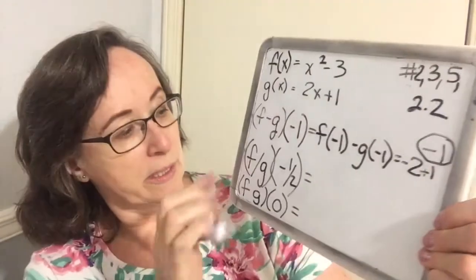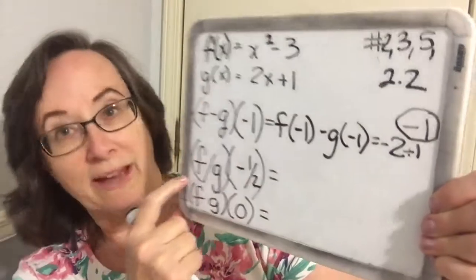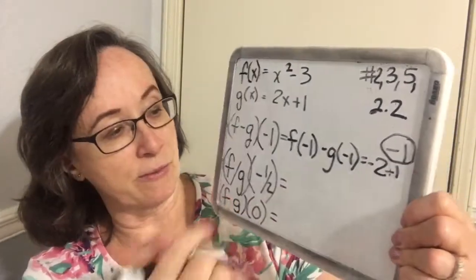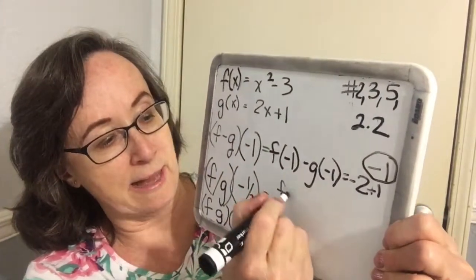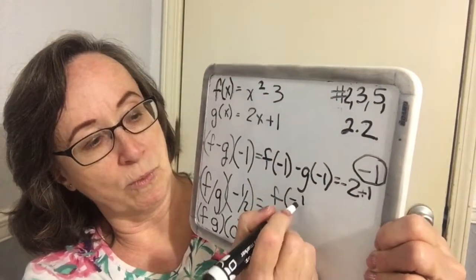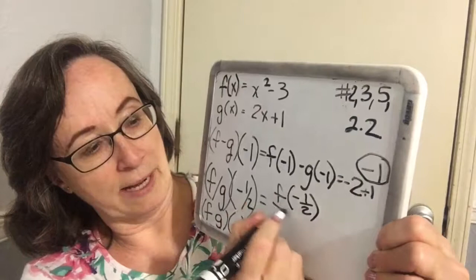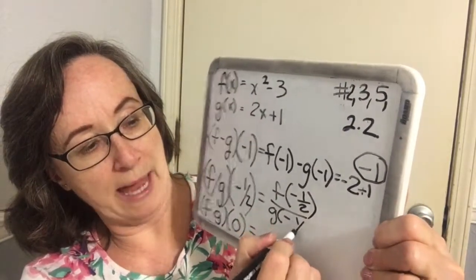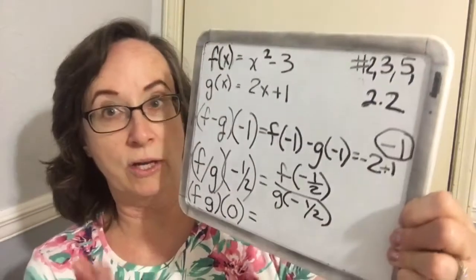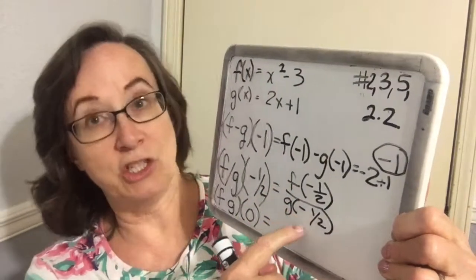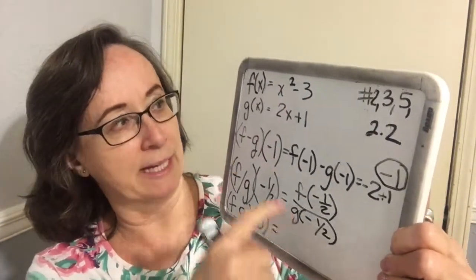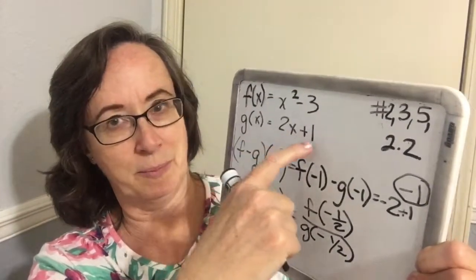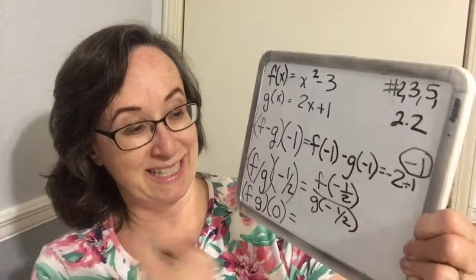So now we're going to do this one, f divided by g of -1/2. So that's going to be the same thing as f of -1/2 divided by g of -1/2. Okay, so when we plug g of -1/2 in, we end up getting -1 plus 1, which is 0.